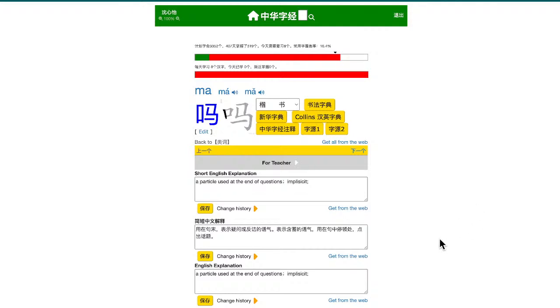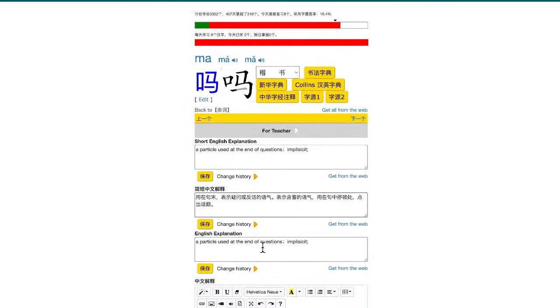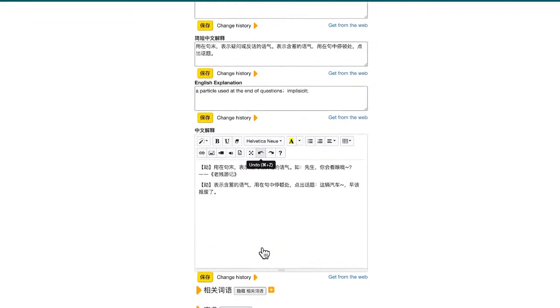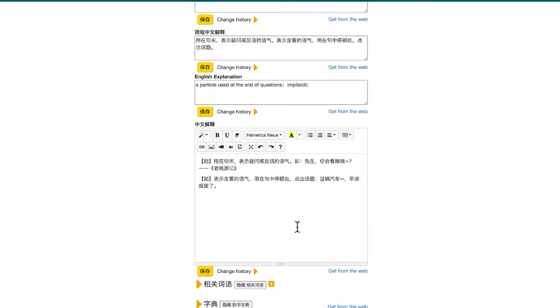Okay, and so basically it's added at the end, like 你会看喉咙吗，先生？Okay, 这辆汽车早该报废了。这辆汽车嘛，早该报废了。And so this is not indicating a question, but indicating a pause in the sentence.